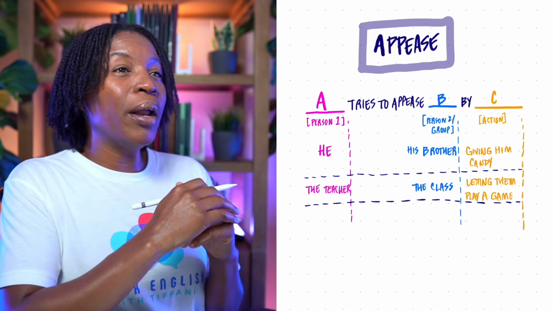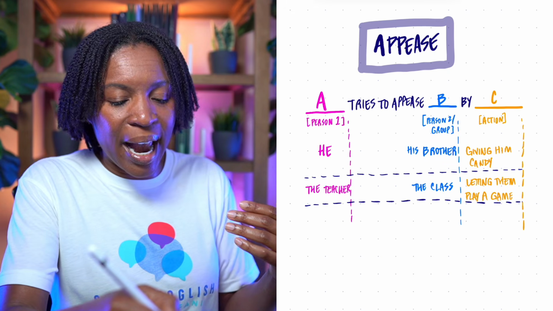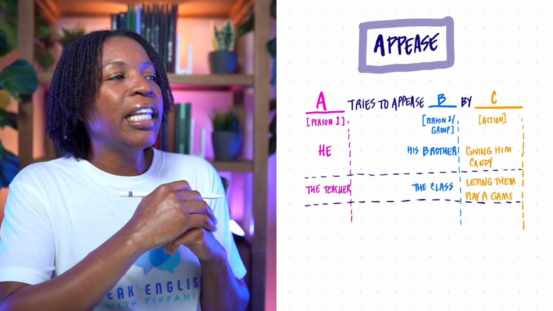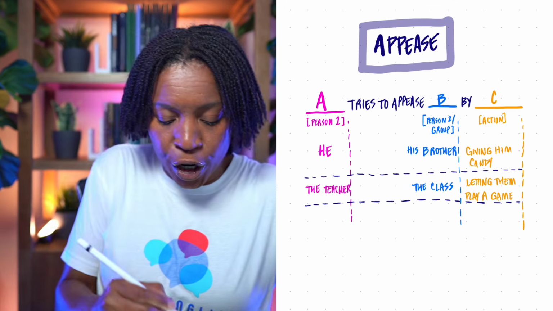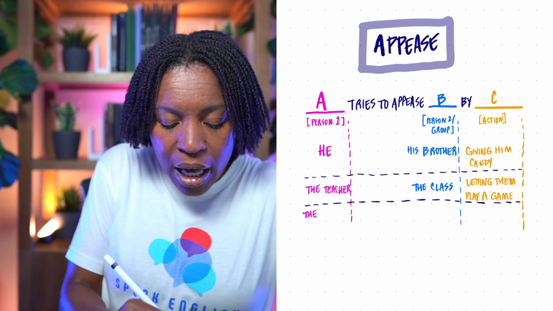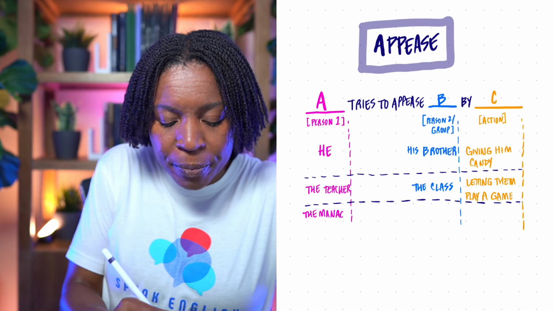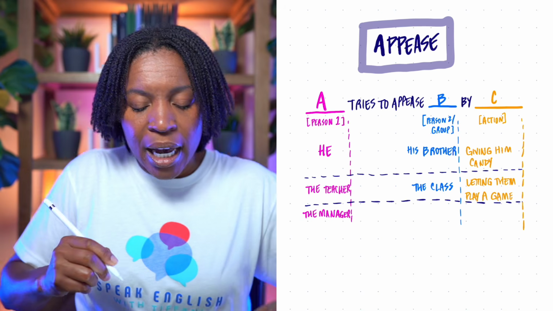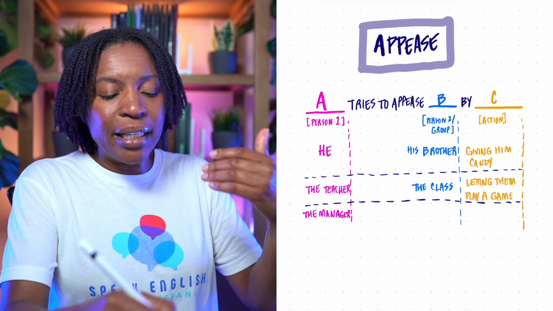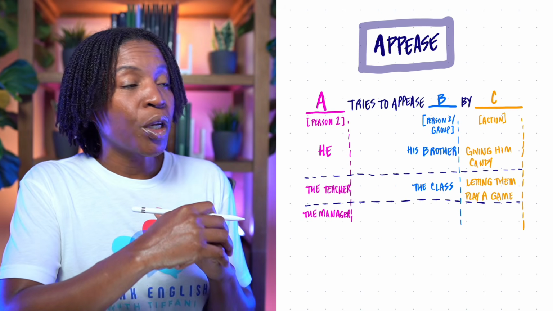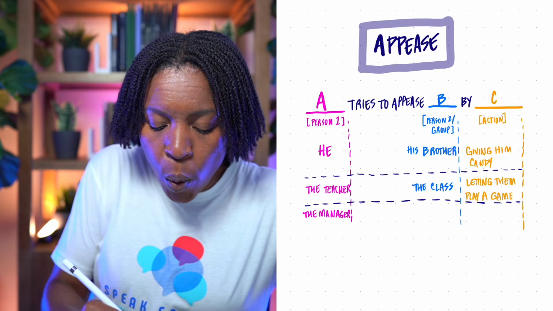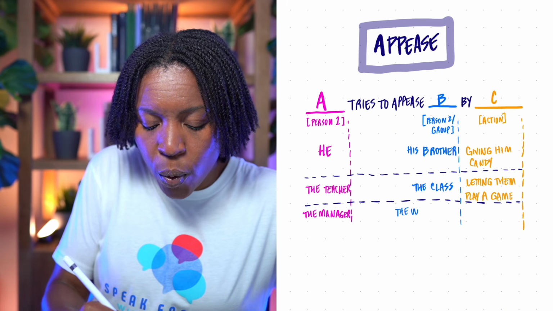All right, let's do one more sentence, one more example. So for letter A, let's choose the manager. All right, so we have the manager. All right, the manager tries to appease, now we need the second person or group, tries to appease the workers. All right, the workers.